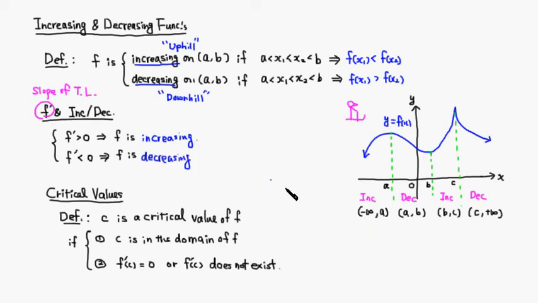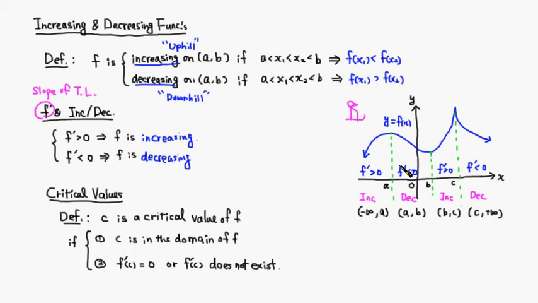All right, so if you look at this picture, on this interval, f prime is actually positive because it's increasing, and between a and b, f prime is negative, and between b and c, f prime is positive, and from c to positive infinity, f prime is negative, right?